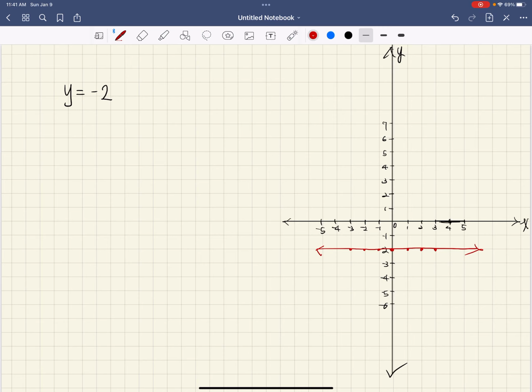Now, why don't we talk about slope? The definition of a slope is a measure of the steepness of a line on a graph, which means how much the line either inclines or declines. We also say rise over run or change in y over change in x.